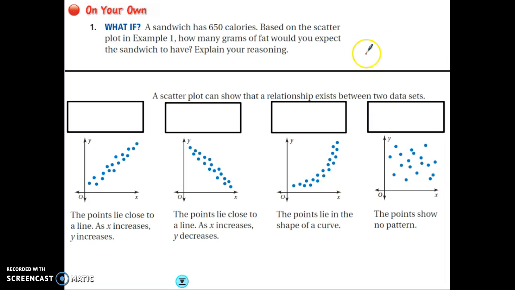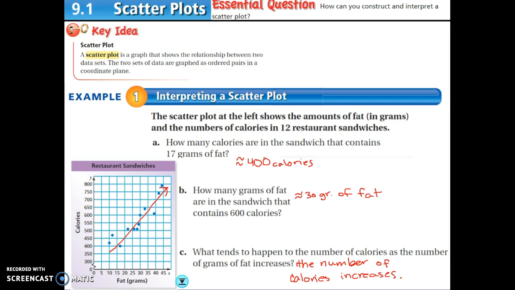What if a sandwich has 650 calories? Based on the scatter plot in example 1, how many grams of fat would you expect the sandwich to have? Go ahead, take a moment, look at the graph, see what you think. If I'm looking at this data, 650 calories is about here.